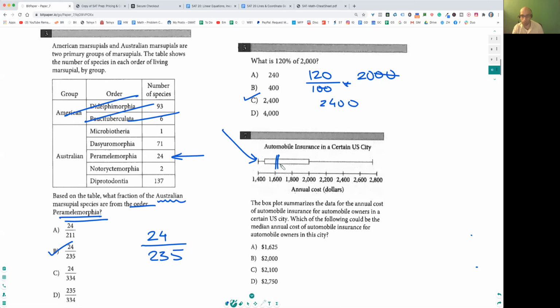And then for this one, all you need is this point here, this middle bar, which is going to be right over here. Let me get rid of this, and then we're going to close the session. So once again, folks, 1625 is just this point right over here.